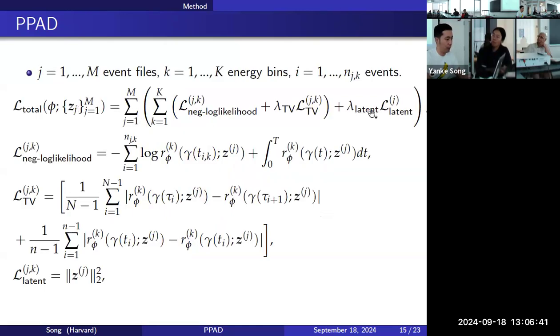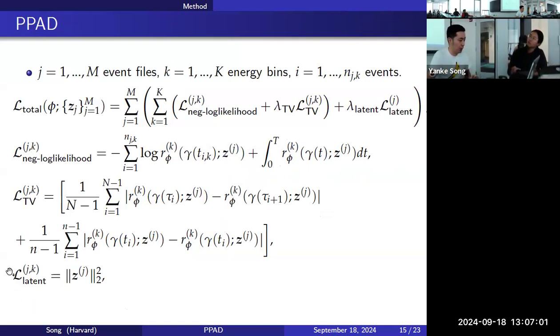So the loss has three parts: negative likelihood, which I've introduced earlier. We have two terms, this term and this term, for the integral. We have the total variation, which has two parts because I'm using two grid points. And finally, I have an L2 normalization on the latents. This is from Sheldon's question. It's basically equivalent to a Gaussian prior on the latents.